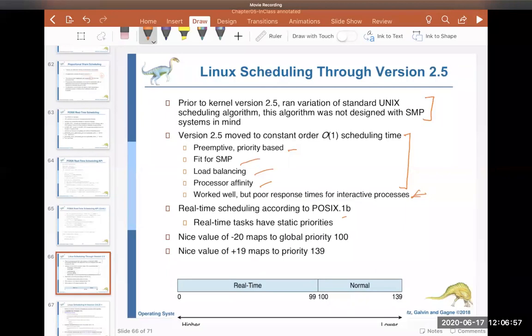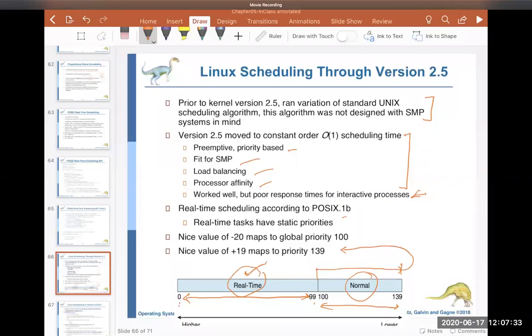So we can see real time has been given a quota of this particular range. Every process scheduled by the kernel with priority from 0 to 99 is a real-time process, whereas normal processes have their scheduling limited to this particular range. Then we have the nice values, which can be changed to accommodate other processes. So this is how it works.